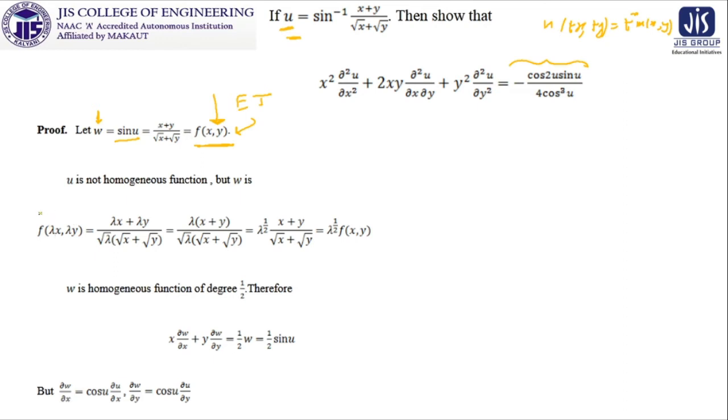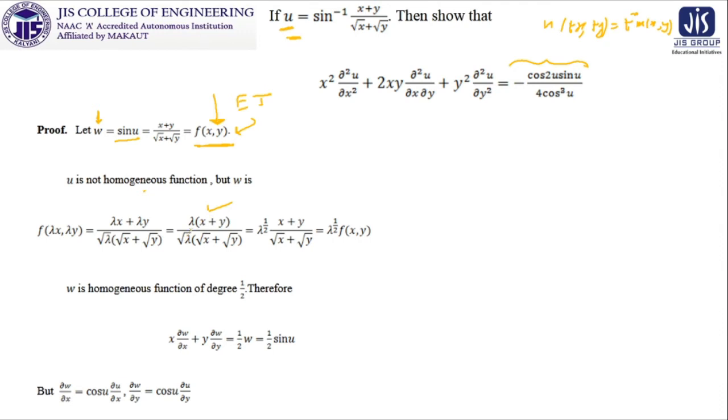So look at this, we are checking it in the previous manner. We are putting lambda x in place of x and lambda y in place of y. So x plus y will be lambda x plus lambda y, and root x plus root y will be root of lambda x plus root of lambda y. Now if you take common root lambda from the denominator and lambda from the numerator, you will get this expression.